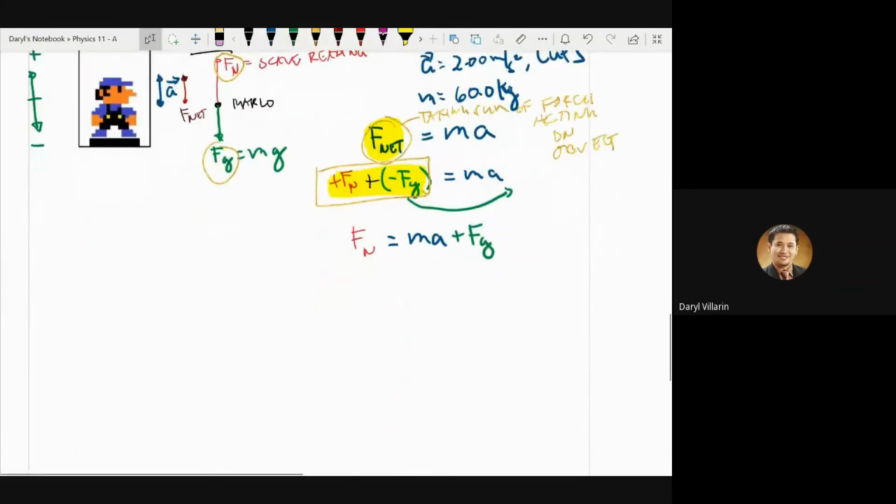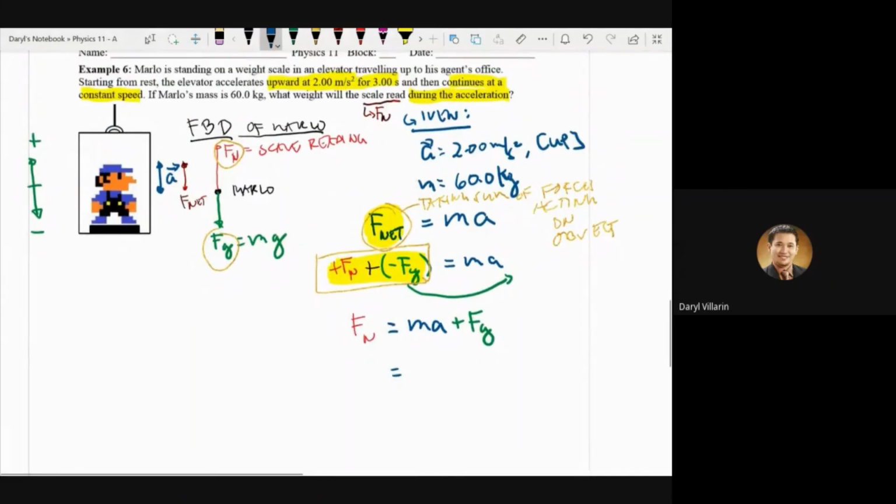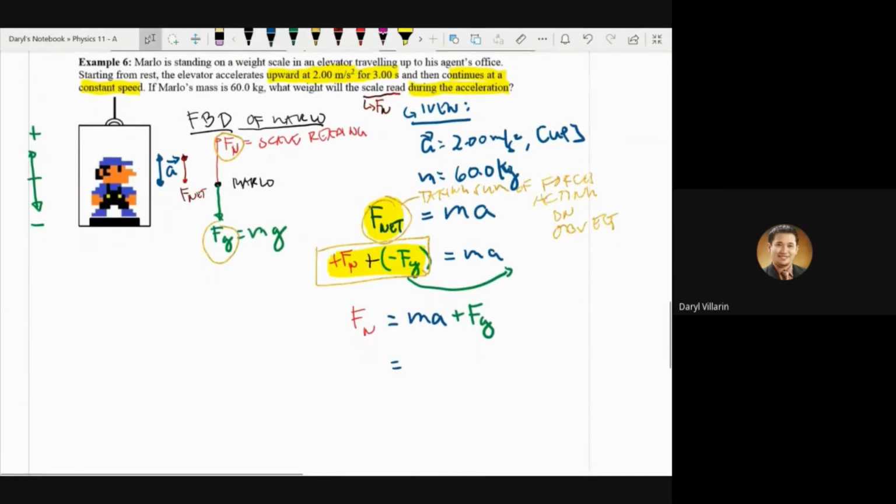Or if I'm going to substitute my values, M is just 60 times the acceleration of 2 plus Fg, which is mass times 9.8.